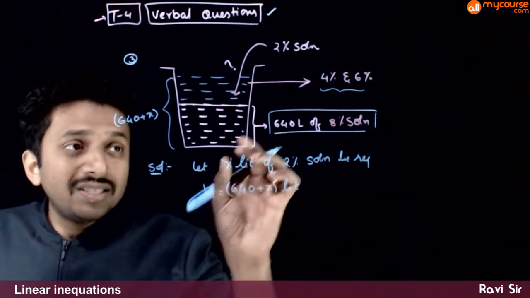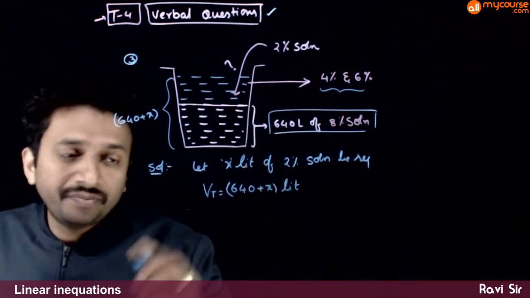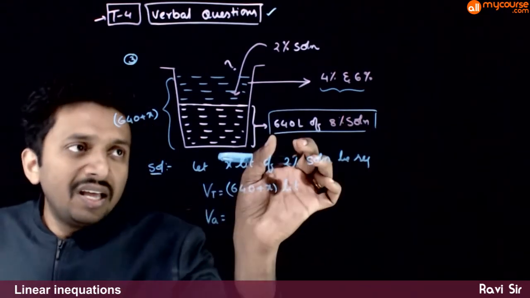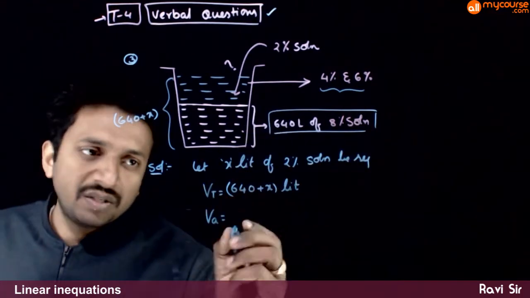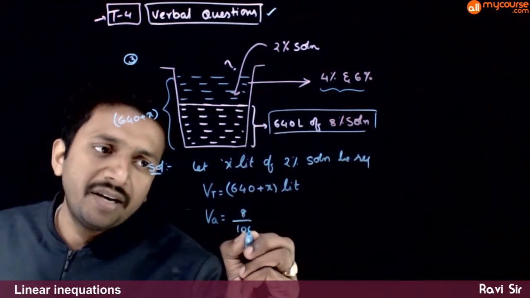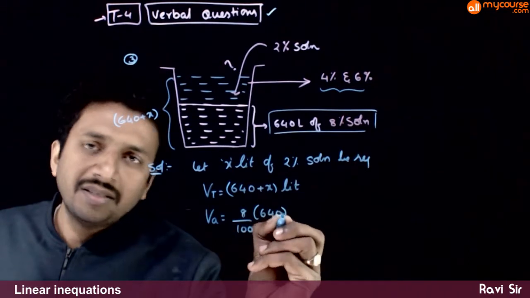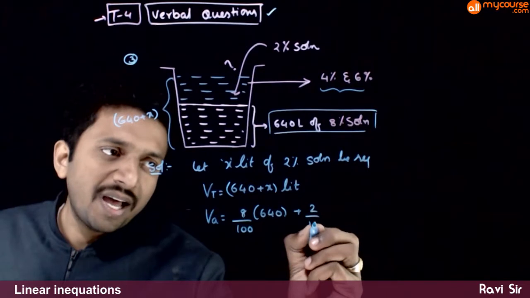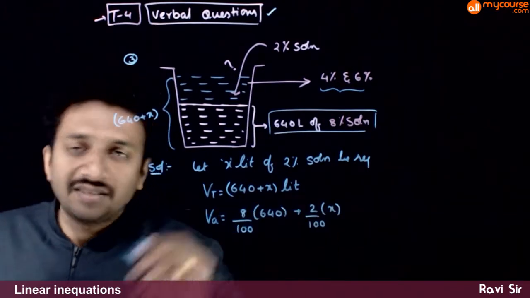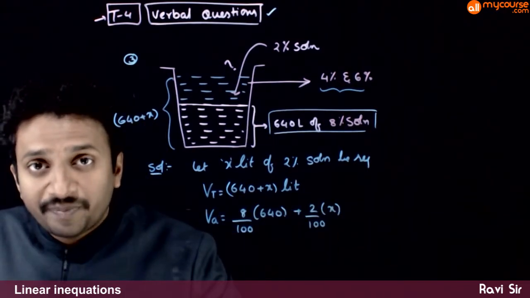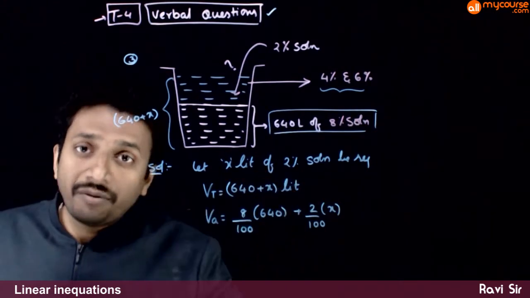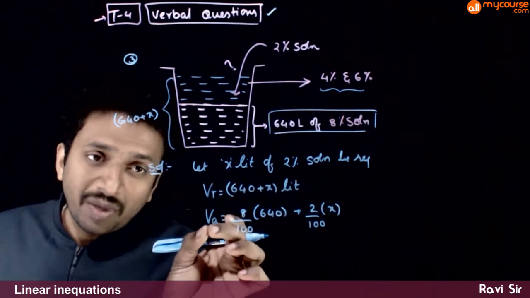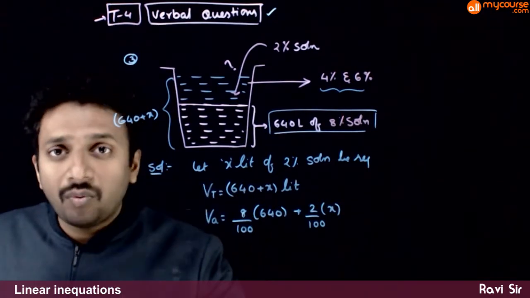Now, what is the amount of acid present in the solution? The volume of acid present in the solution is, initially you have 8% of 640, that is 8 by 100 of 640 liters, plus 2% of this x liters, that is 2 by 100 of this x liters. This is the total volume of acid present. Now what is the concentration of this solution? Concentration is nothing but volume of acid by total volume into 100.